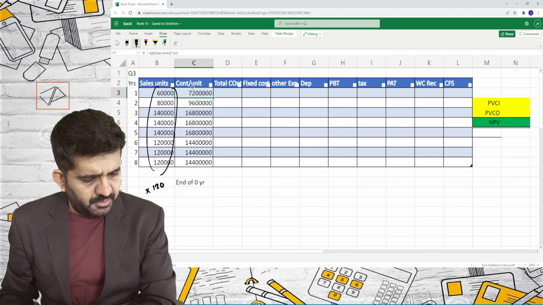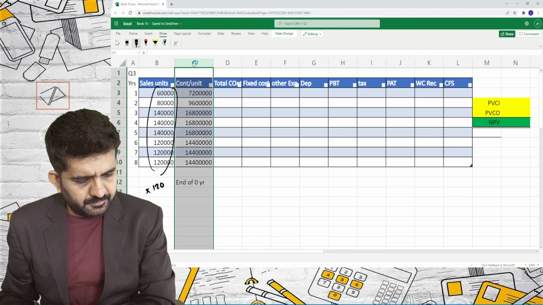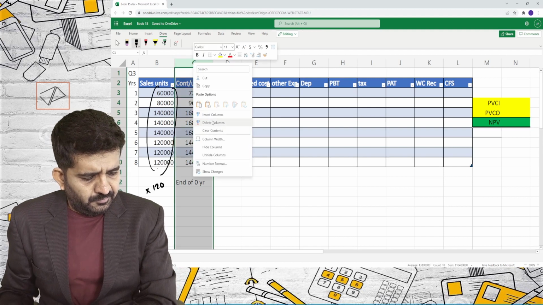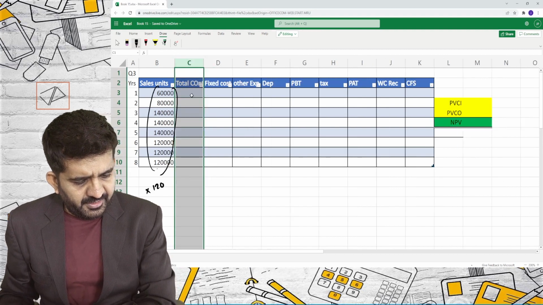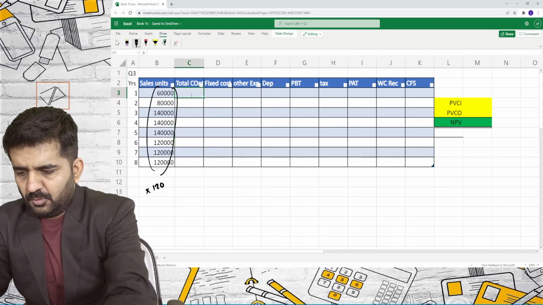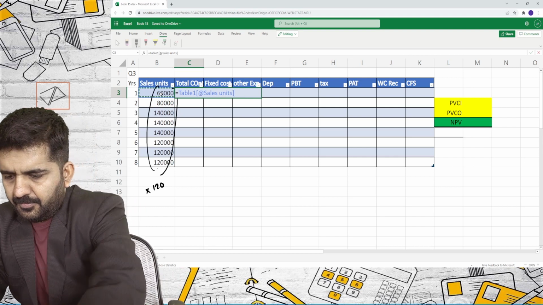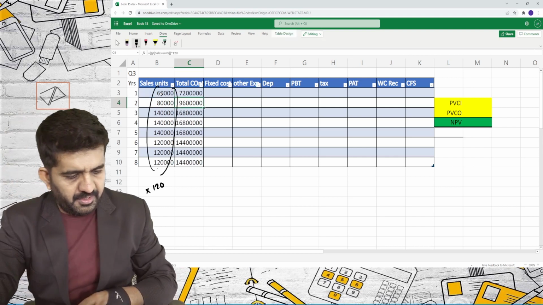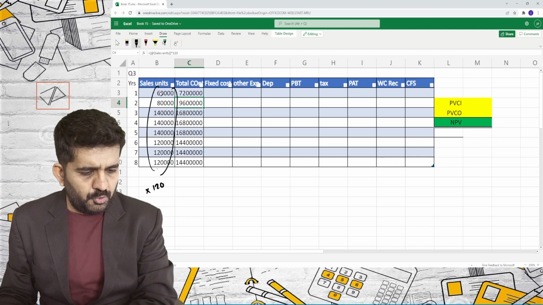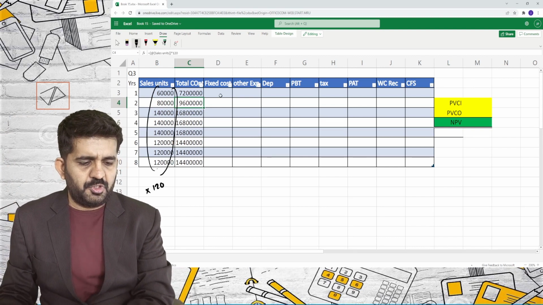I can directly find total contribution, which is this column multiplied by 120. It remains 120 every year, so you don't need to make a column for contribution per unit.